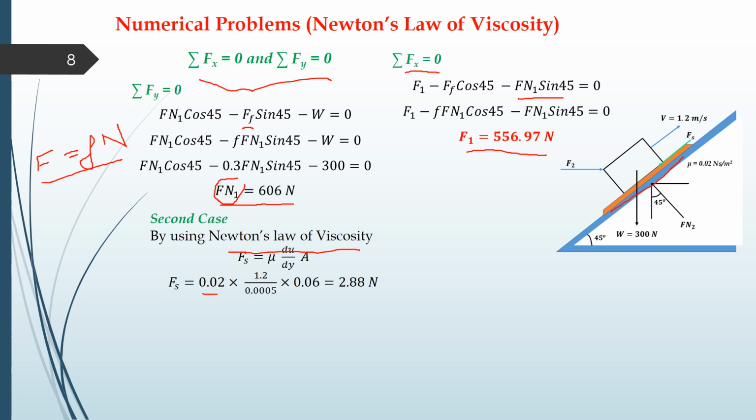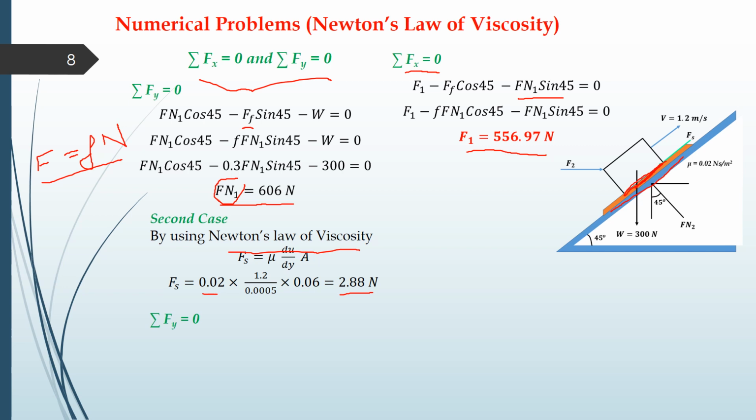We can put the absolute velocity of the box, so it is 1.2, and dy is the film thickness, 0.0005 meters, multiplied by the contact area of the box, which is 0.06. After that we get Fs as 2.88 newtons.